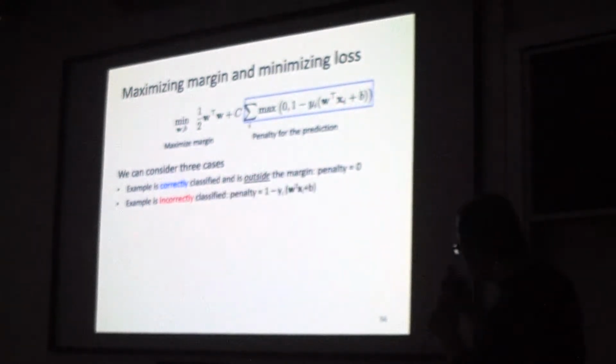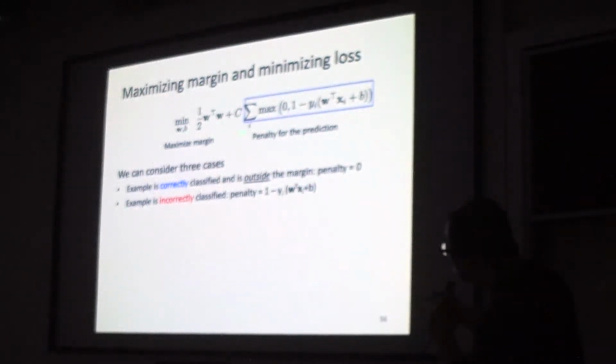And the second case: if this example is not correctly classified, meaning that the product of yi and the decision score is negative, then 1 minus some negative value must be positive, and this whole max value will be positive.